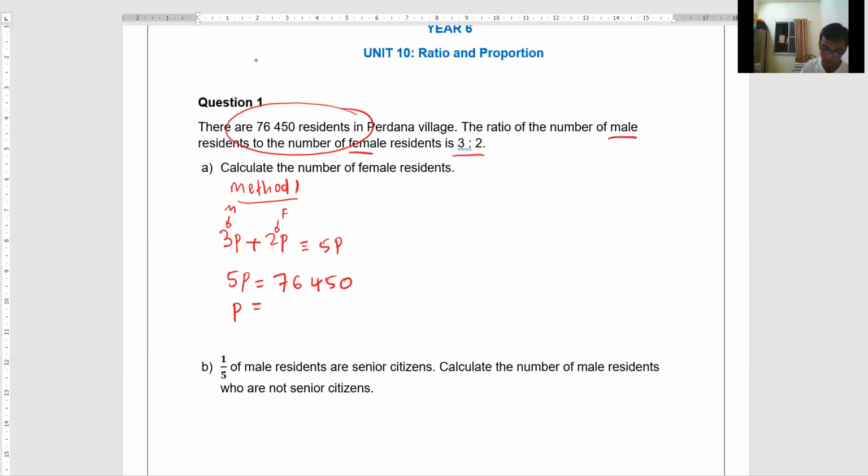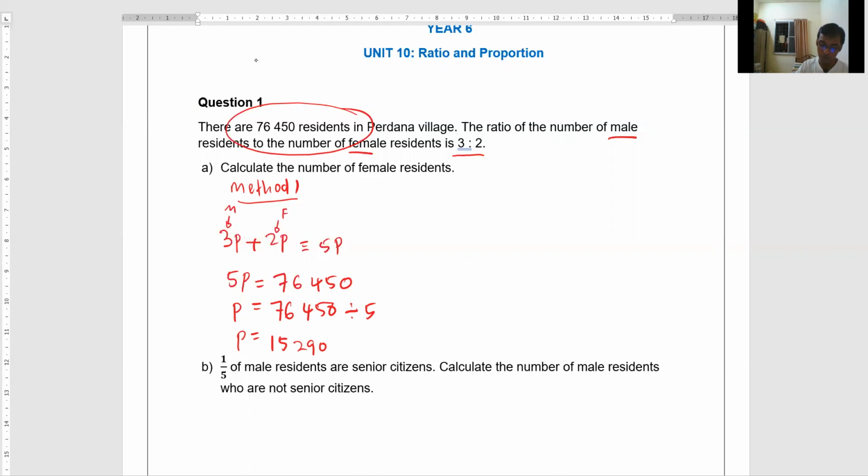So p is equal to, you have to divide by 5. So p is equal to how much? You will get 15,290. This represents one part, 1p is equal to 15,290.